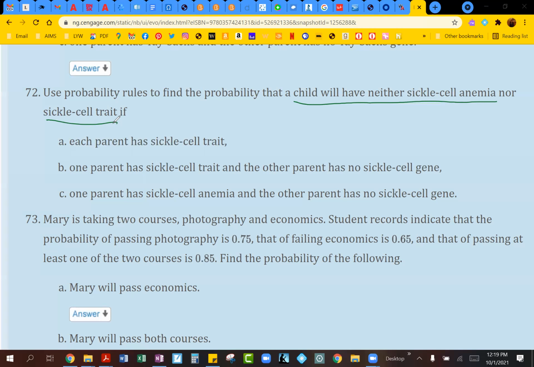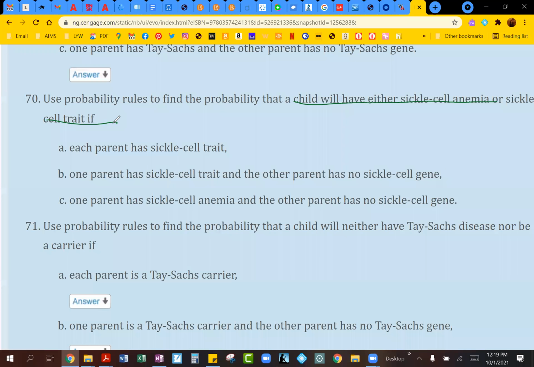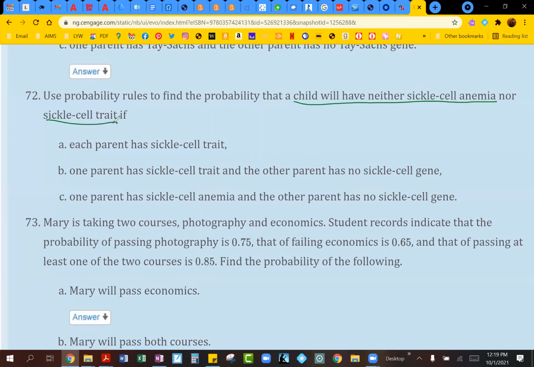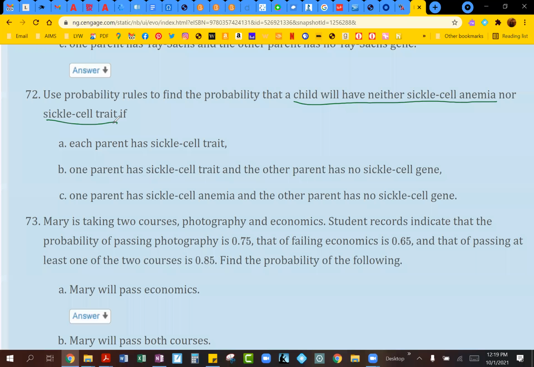So the first thing we need to do is come up with what the Punnett square would look like, and I guess we have to make our own. So let's do that over here. Okay, so we will need to create a different one for each one of these situations.